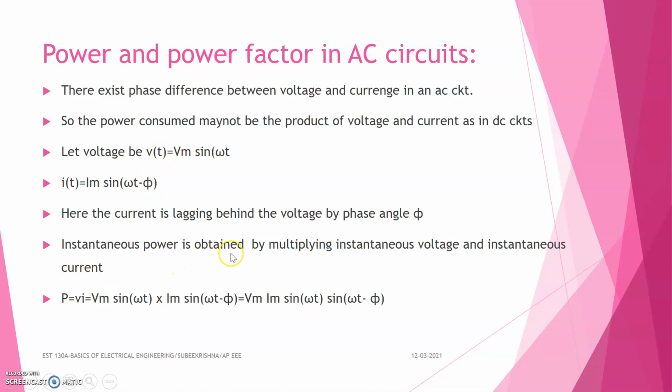The instantaneous power is obtained by multiplying the instantaneous values of voltage and current.